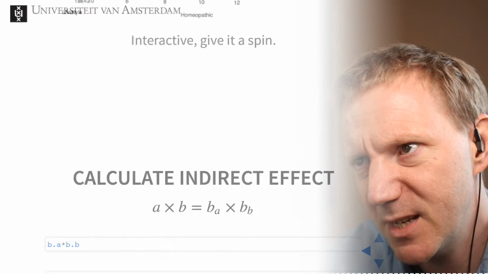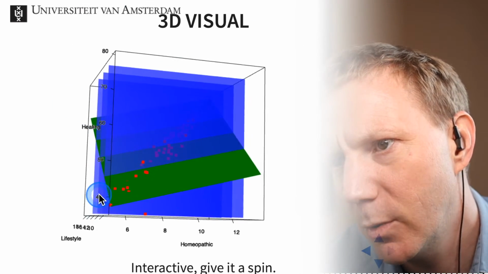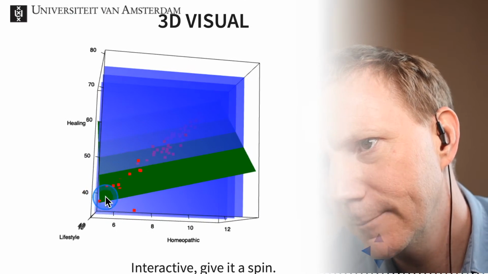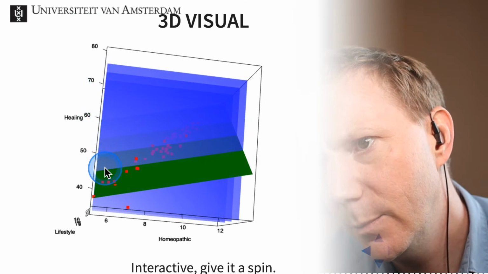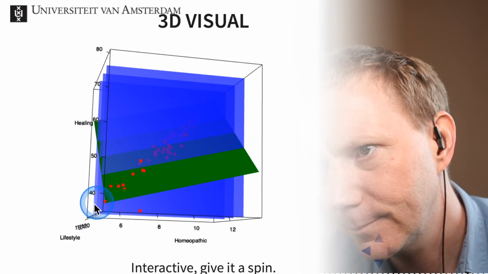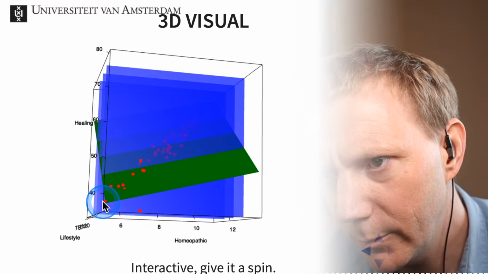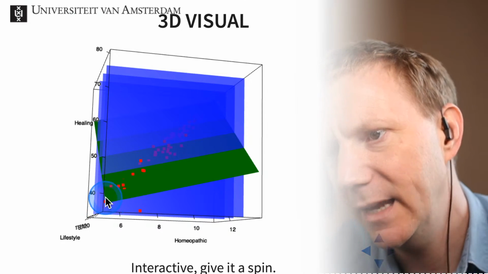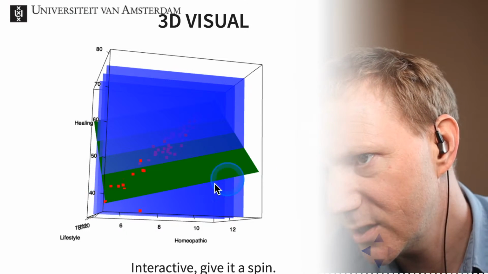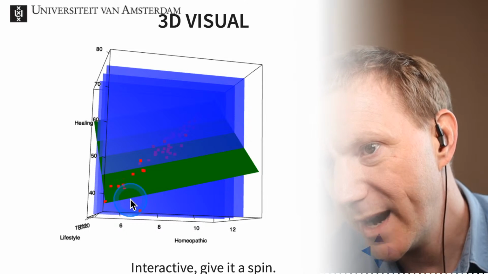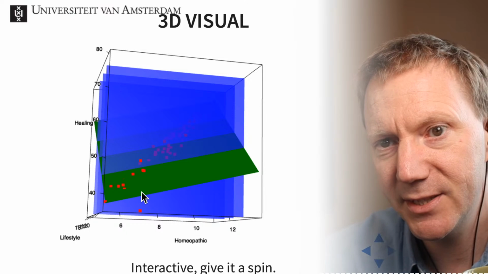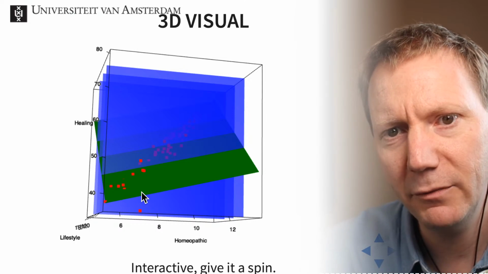But it's more intuitive if you would say, well, initially, if you don't take the mediator into consideration, then your slope would be this one, going from the bottom to the top here. And if I do take the mediator into consideration, the slope is this one. So if I subtract these two, then what I'm left with is essentially the indirect effect.